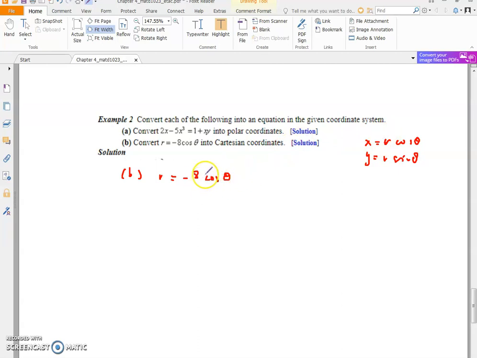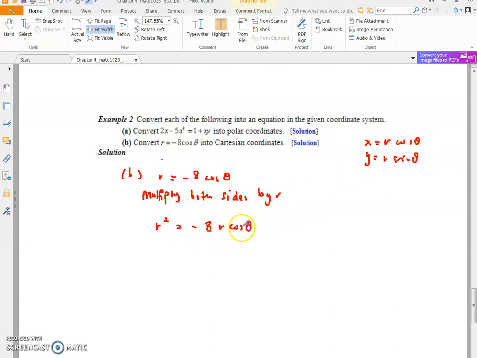So let us multiply both sides by r. You are supposed to get r multiplied by r, which is r to the power of 2, equals negative 8 r cos theta. Why do we multiply by r? Because we need to make sure we are going to get this formula.